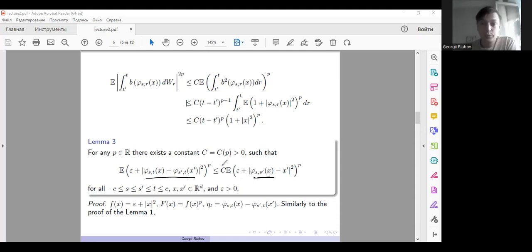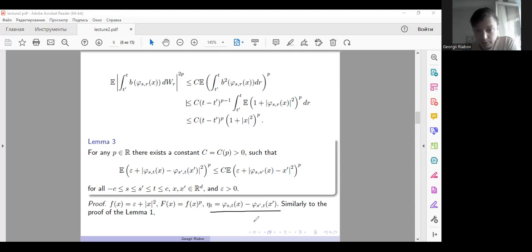The proof is similar to lemma 1. Now consider the function f of x, which is equal to epsilon plus x squared. F capital is f small to the power p, and we will substitute this process eta t into the function f.